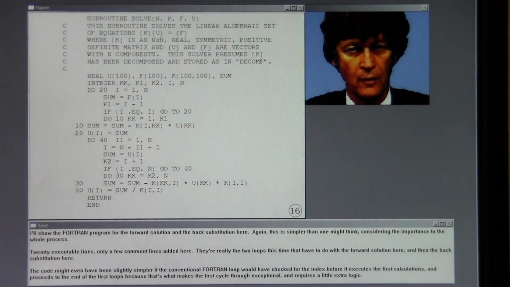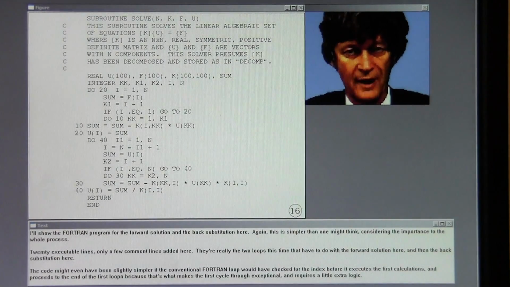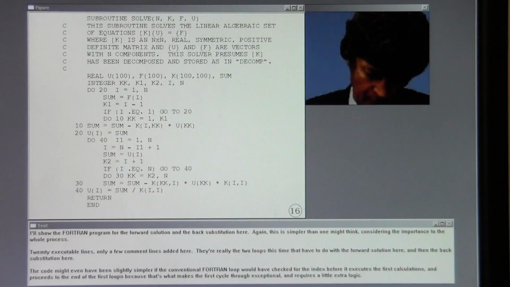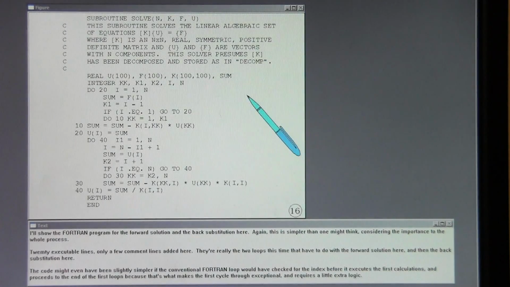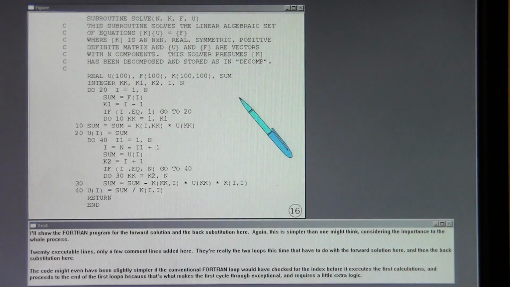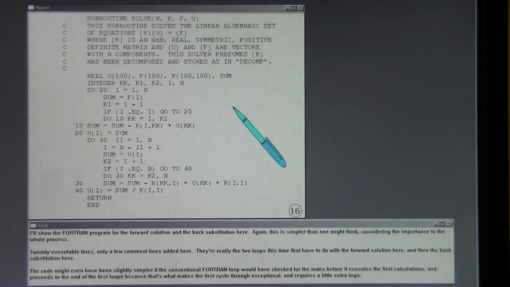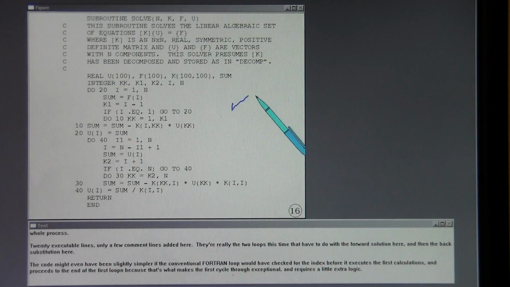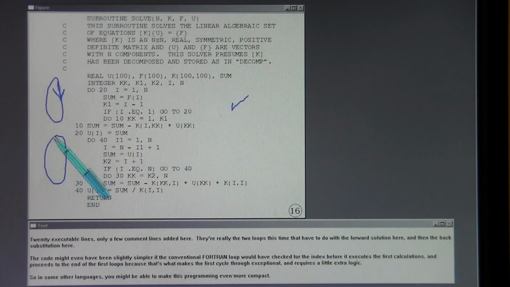I'll show the Fortran program for the forward solution and the back substitution here. Again, this is simpler than one might think, considering the importance to the whole process. 20 executable lines, only a few comment lines added here. They're really the two loops this time that have to do with the forward solution here, and then the back substitution here.